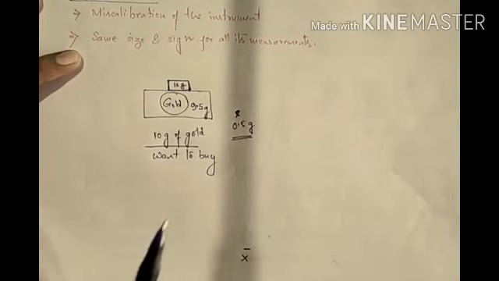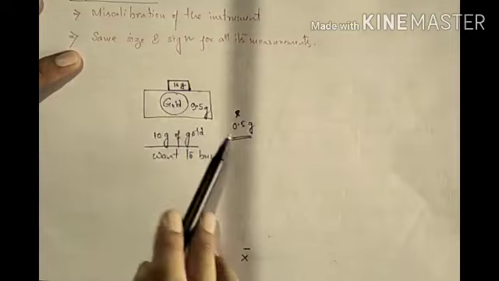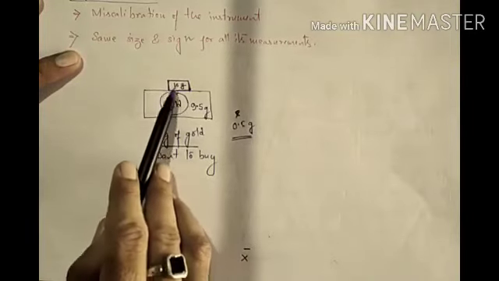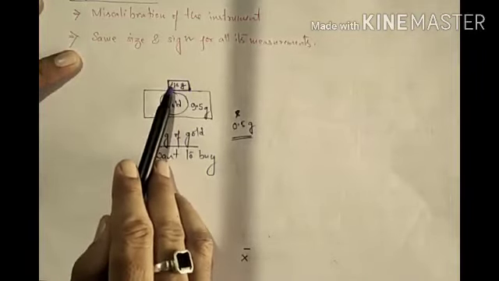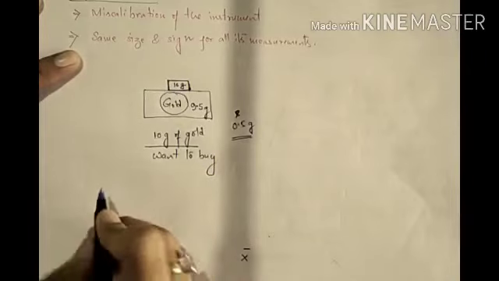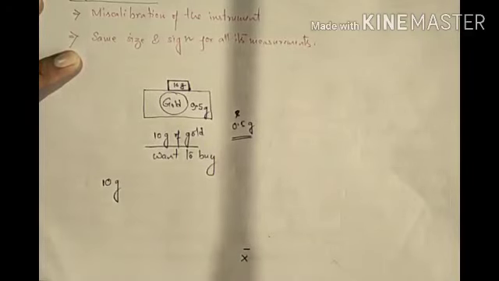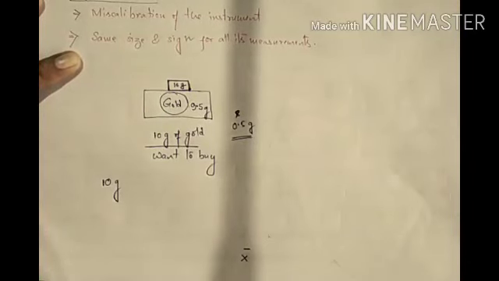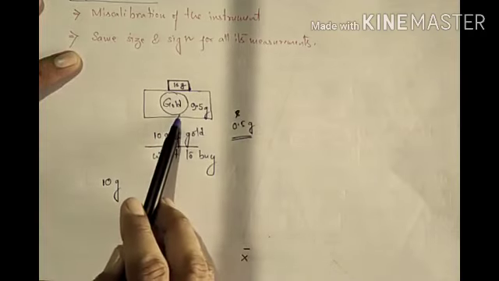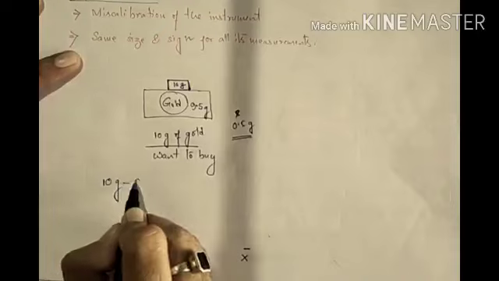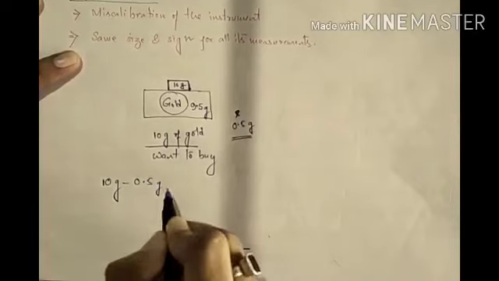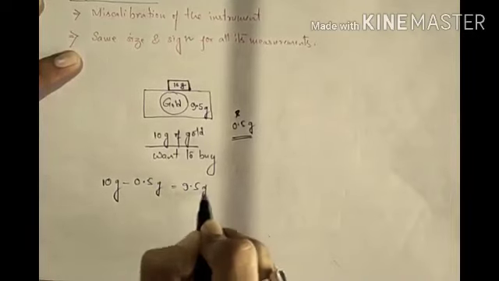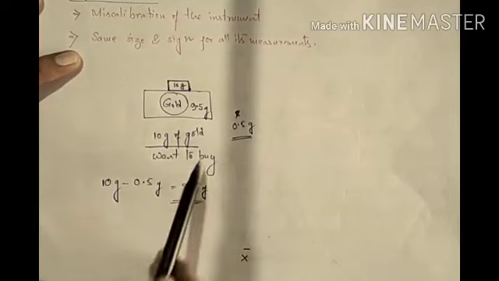Therefore, if we want to get the actual amount of gold, here the reading shows 10 gram. But as this device has an error of showing 0.5 gram extra, the actual amount of gold that you were buying here is nothing but 10 gram minus 0.5 gram, and the answer will be 9.5 gram. So this is an error.